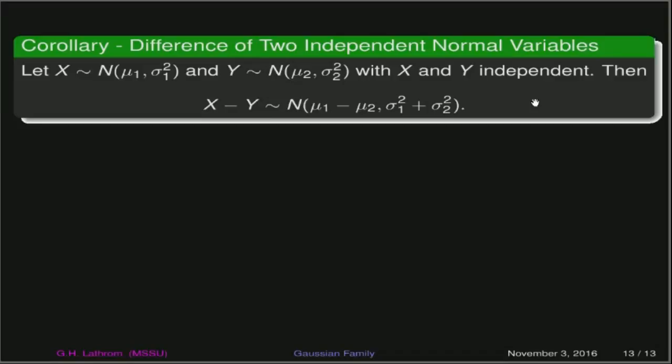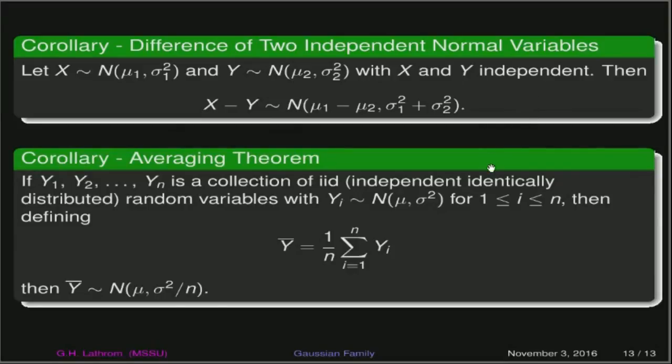And also, as a second corollary to our linear combination theorem, if we have y sub 1, y sub 2, all the way up to y sub n, is a collection of IID. Now IID is going to be one of our shorthand notations for saying that a collection of variables are independent and identically distributed, with each one of them normally distributed with the same mean and the same variance.